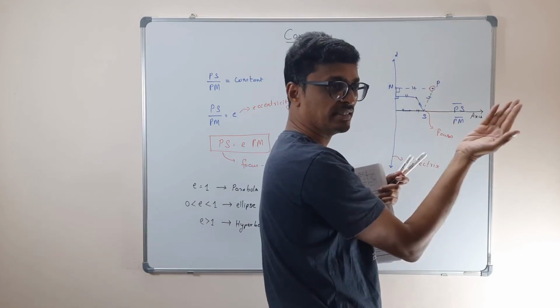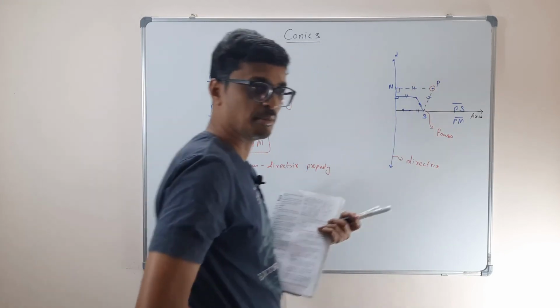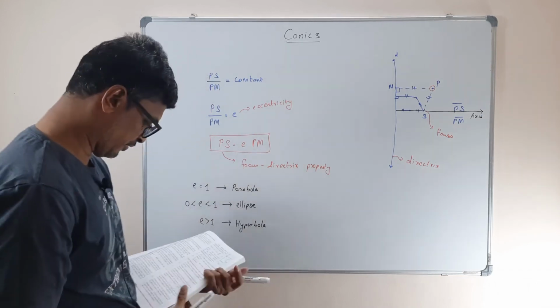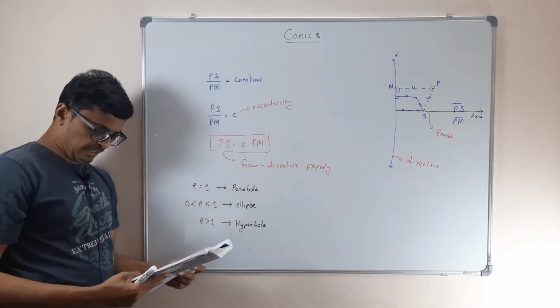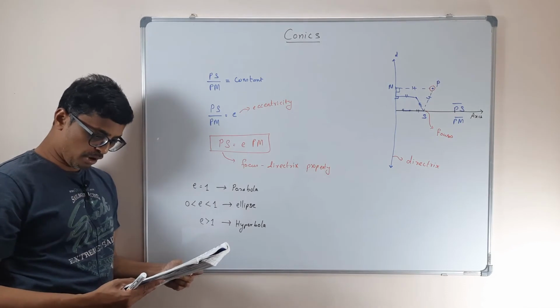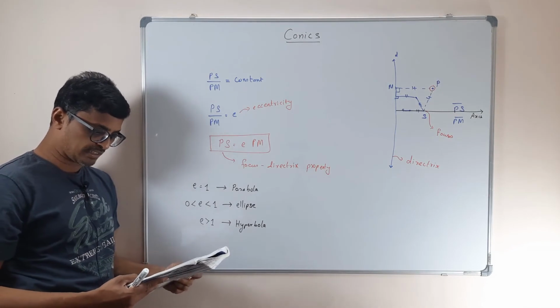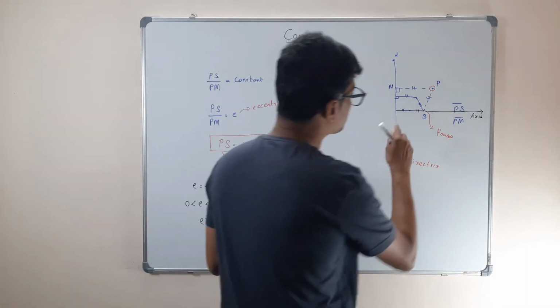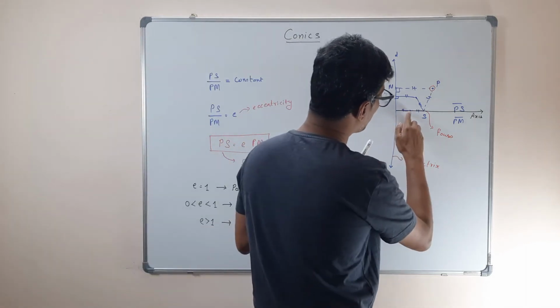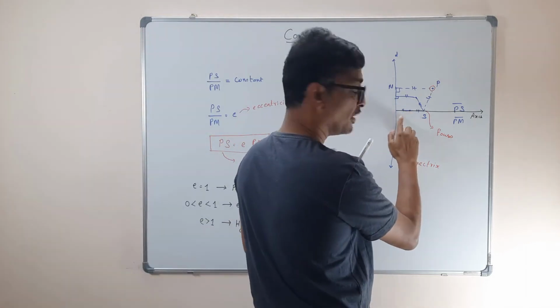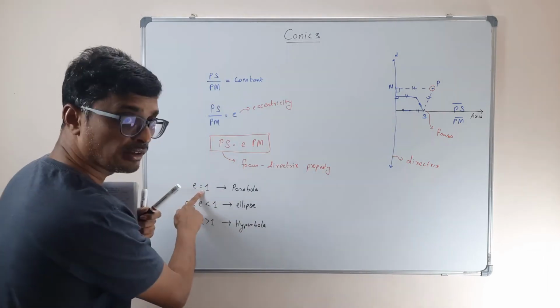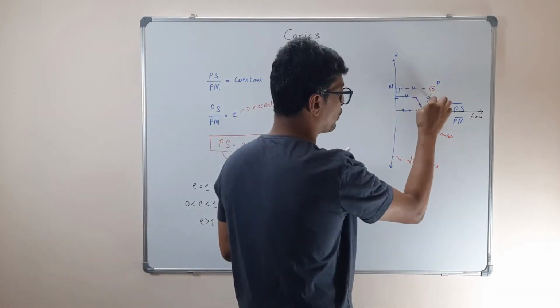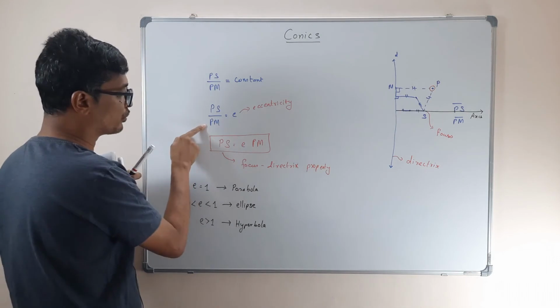They both will be exactly the same. You know what symmetric is, right? Then the vertex. The point of intersection of a conic section with its axis of symmetry is called the vertex. This point. I told you, if it is a parabola, E is equal to 1, so when E equals 1, PS equals PM.